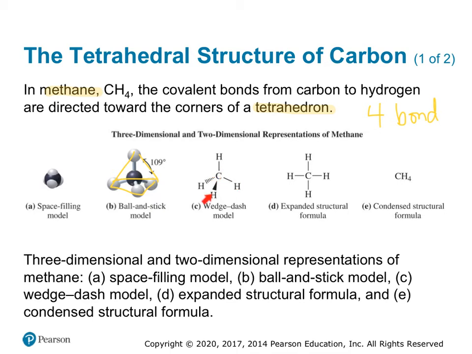That's called the wedge dash model. The expanded structural formula just shows the carbons with all 4 bonds and all 4 hydrogens. It doesn't really show the tetrahedral 3-dimensional shape, but it does show the carbon and all the bonds. And then this is called the condensed structural formula, just the carbon and the hydrogens, not showing the bonds.